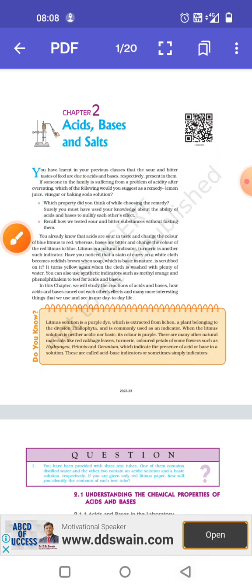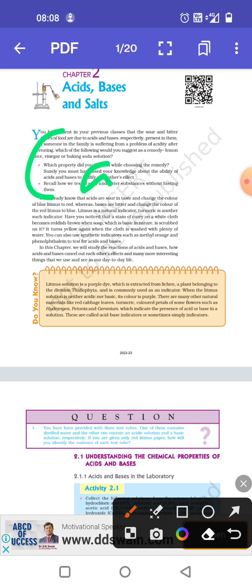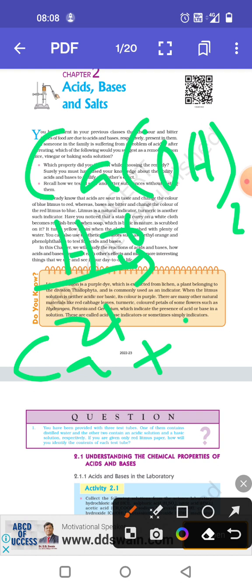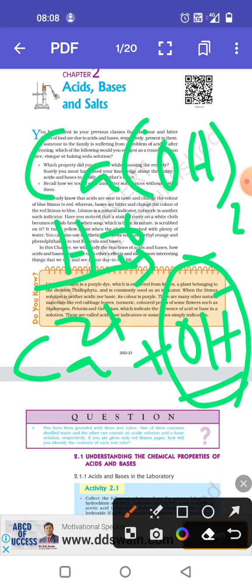Another base is Ca(OH)2, calcium hydroxide. In aqueous solution it gives Ca2 plus and OH minus ions. Here also calcium hydroxide provides OH minus ions, so it is a base.